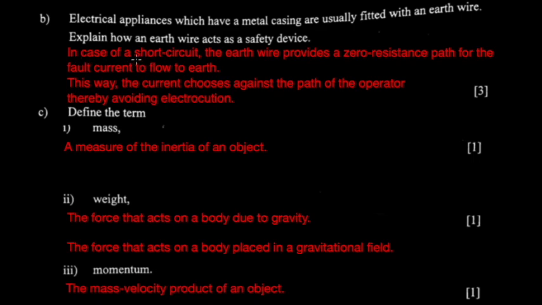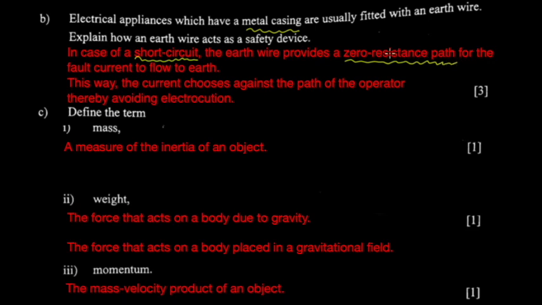So in case of a short circuit, this is important. What electrocutes people? You have a short circuit, so it means that a part of the electrical system which is not supposed to be in contact with the metal casing is now in contact with the metal casing, and thereby you can get electrocuted. So if an earth wire is fitted now, the earth wire provides a zero resistance path.